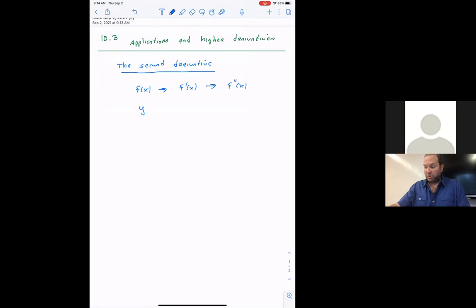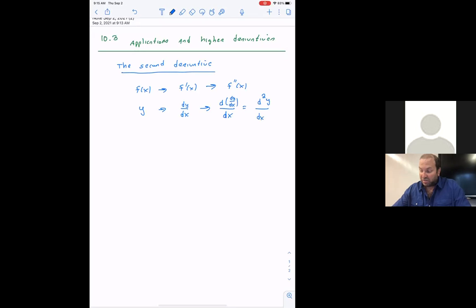In the other notation, if you have y, its derivative is the derivative of y with respect to x. And this one's a little kind of strange. It's the derivative of y with respect to x, with respect to x again. So you kind of see, and this is just notation, there's two d's, so d squared y, and on the bottom is a dx and a dx.